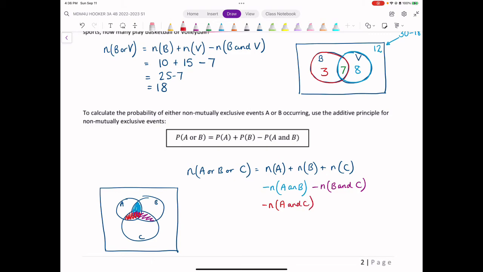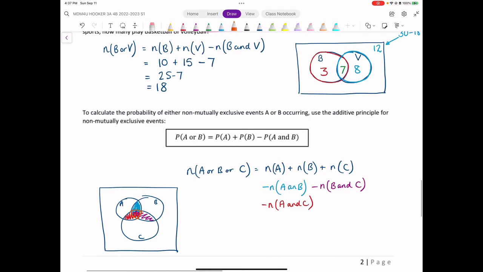Now we've subtracted all those away, but we need to add back that center piece that's now missing. Do you see it? This little center piece here. Because we've counted it 3 times, but we've just taken it away. So now we need to add it back, just that little piece. So we're going to add back the A and the B and the C.